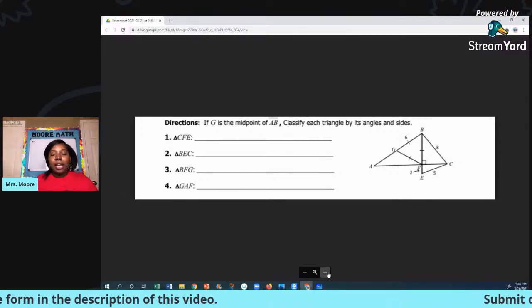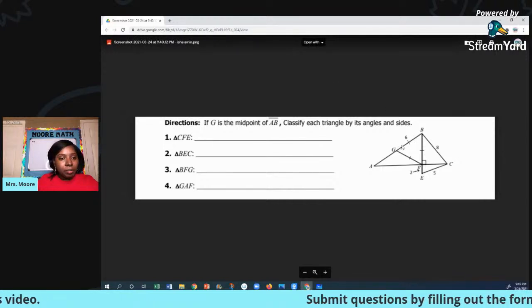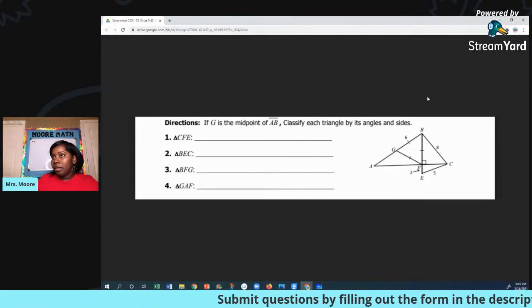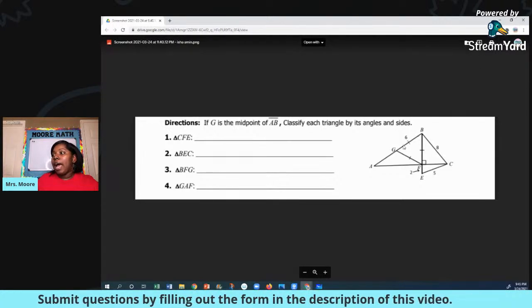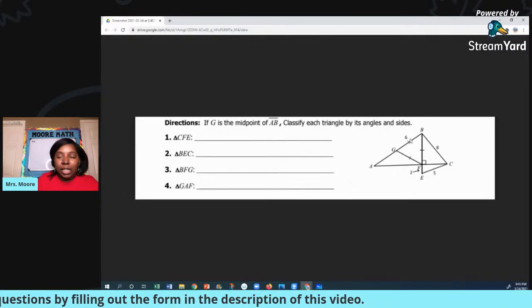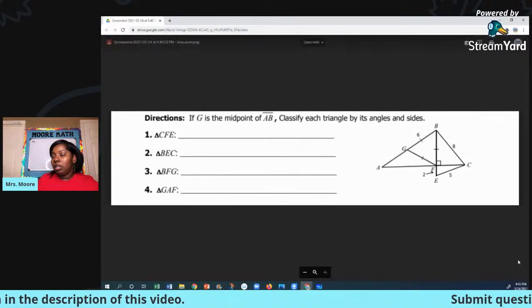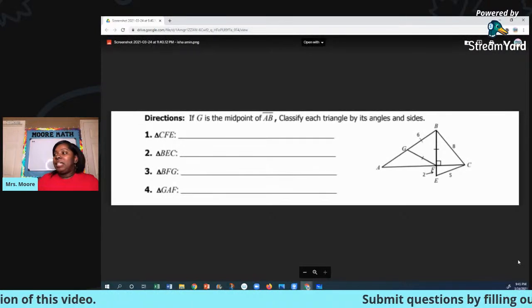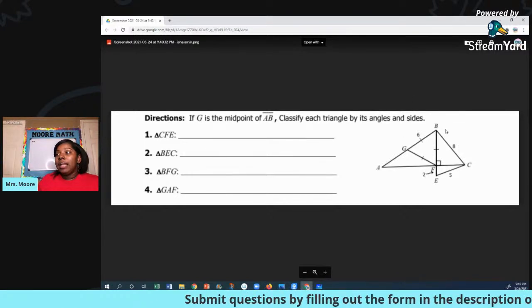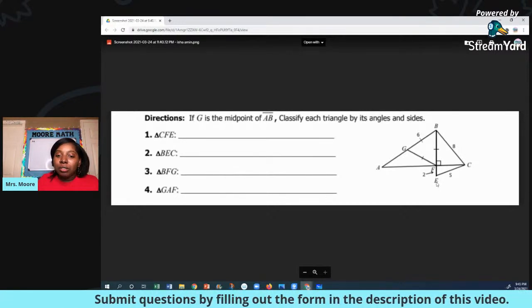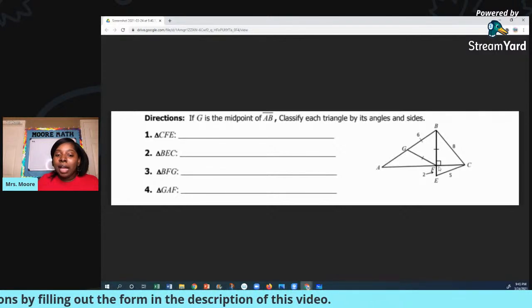So right away, I can see, let me zoom in a little bit more. Okay, I can see that BG equals 6. Okay, good. BF is 6. Now BE is how much?